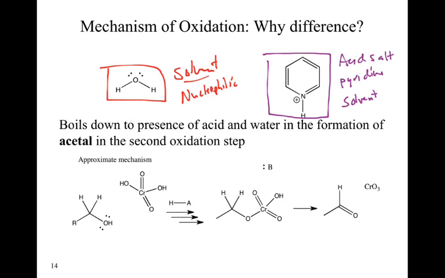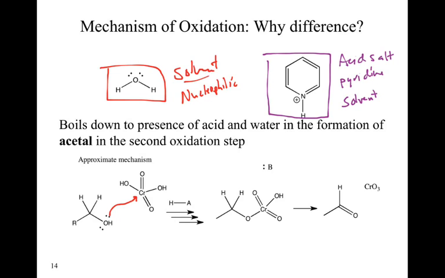Chromic acid will oxidize like crazy because water is present. Okay? Because if we look at the reagents, PCC is the exact same thing as chromic acid, except no water. It has pyridine. That's why it's called pyridinium chlorochromate. Okay? So, if we look at an approximate mechanism for this, our alcohol will act as a nucleophile with our chromic acid species.